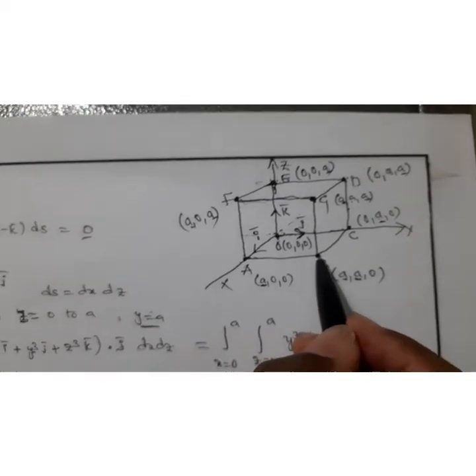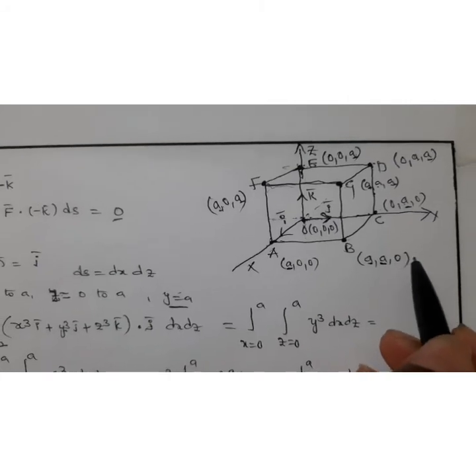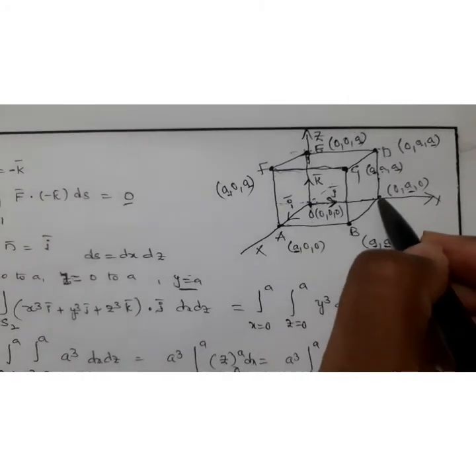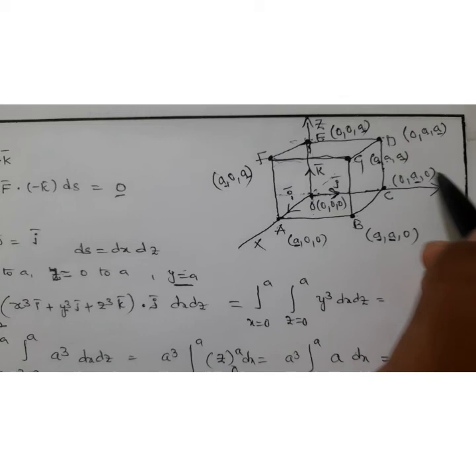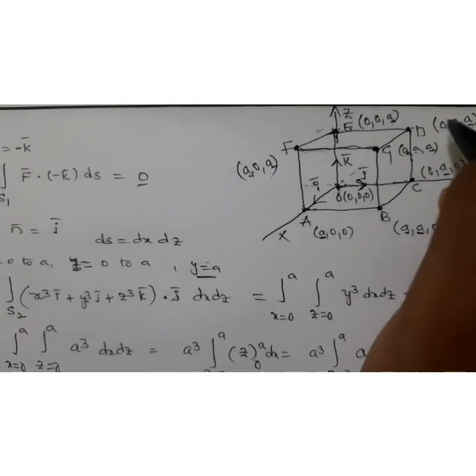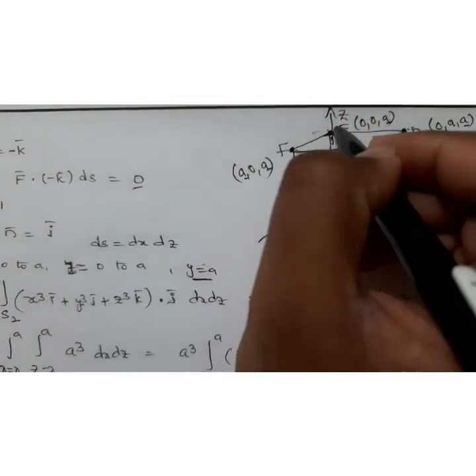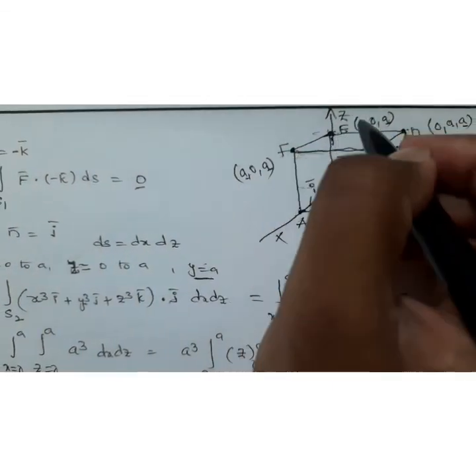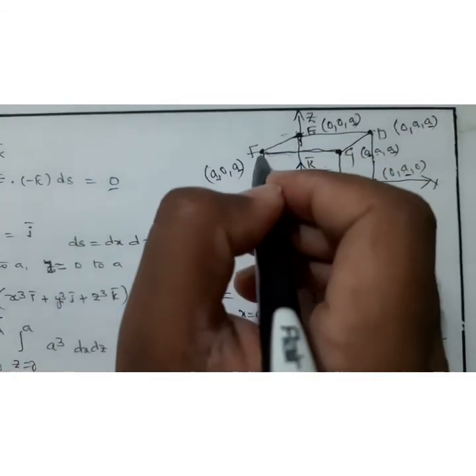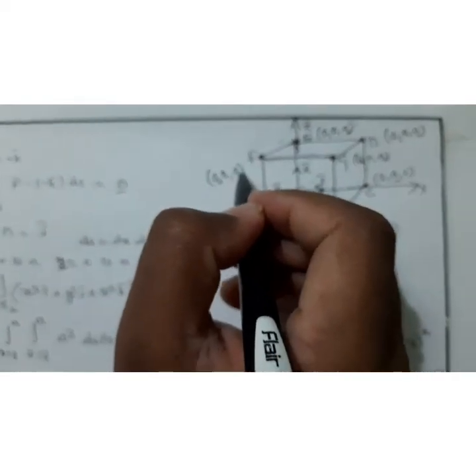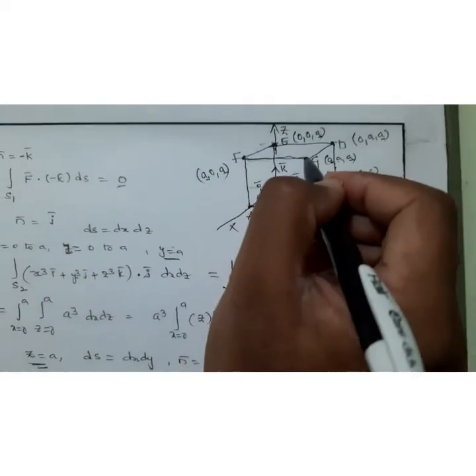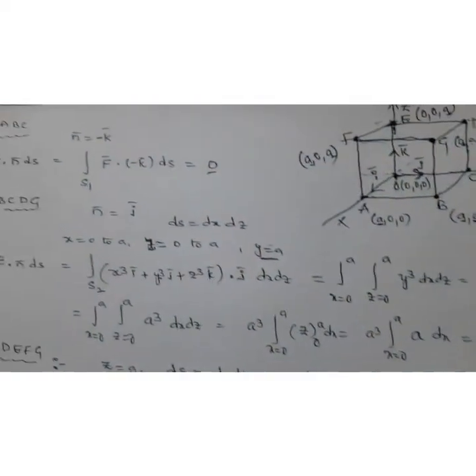The point in xy plane is a comma a comma 0. The point on the y axis is 0 comma a comma 0. The point in the yz plane is 0 comma a comma a. The point on the z axis is 0 comma 0 comma a. The point in xz plane is a comma 0 comma a. This is the point in 3 dimensions, a comma a comma a.